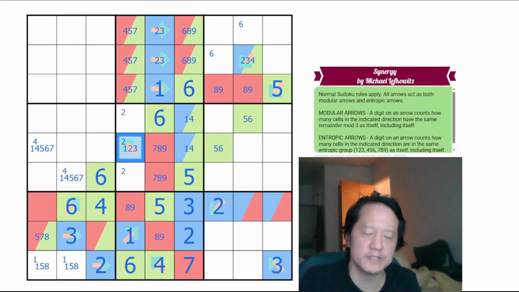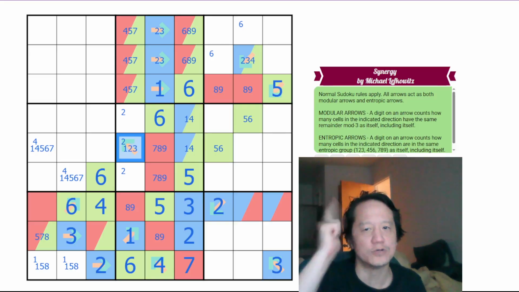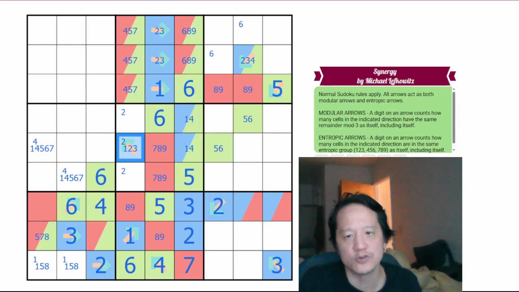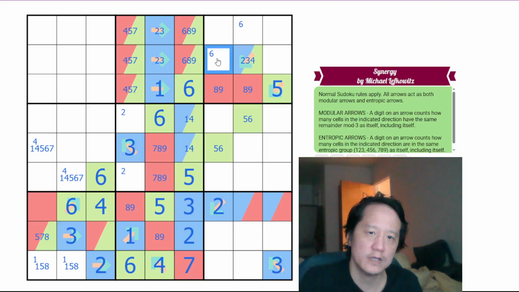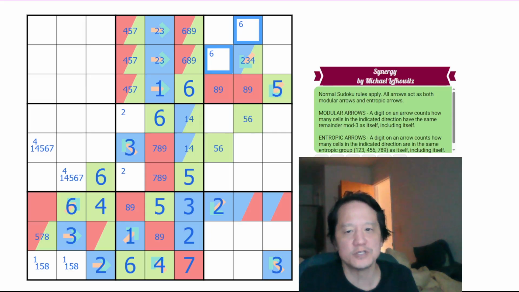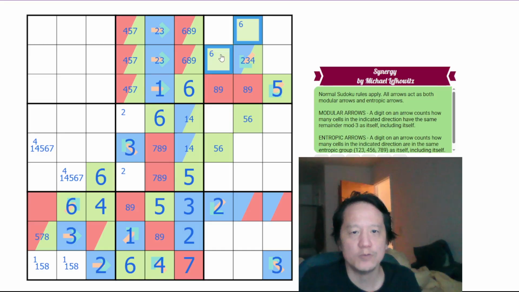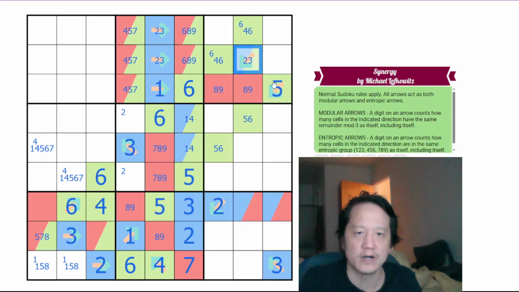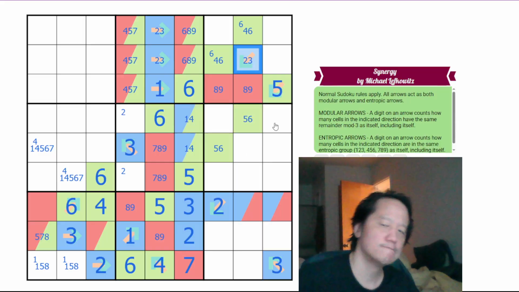So this must satisfy either the modular or the entropic. It can't satisfy the entropic, so it must satisfy the modular. So this is 3. And this must be 6 with the other satisfying the modular. So these have to be both middle, which means this is a 4, 6 pair. That eliminates 4 in the rest of the box. So this is low, and it's 2 or 3.